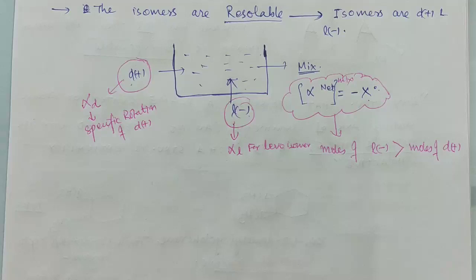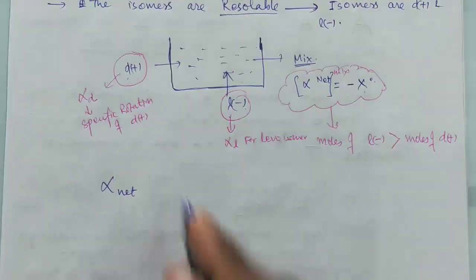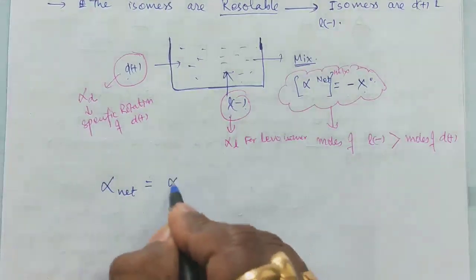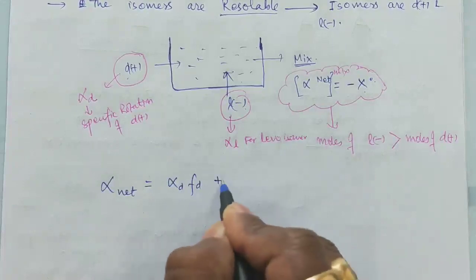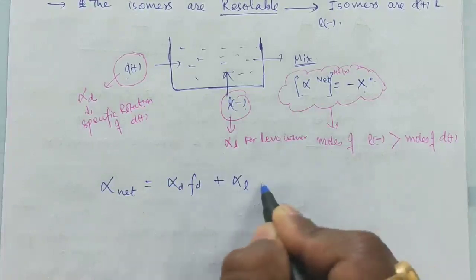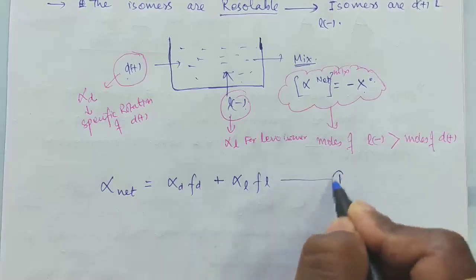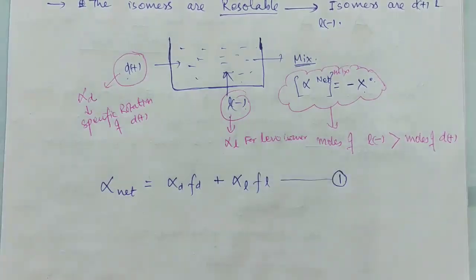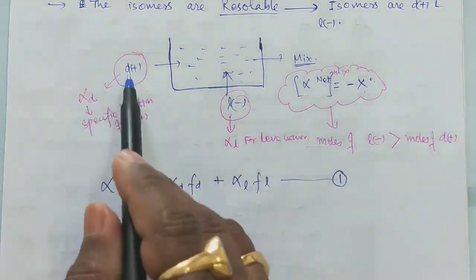So we can write here alpha net is equal to alpha D FD plus alpha L FL. This is equation 1. See, alpha D is the specific rotation of D.